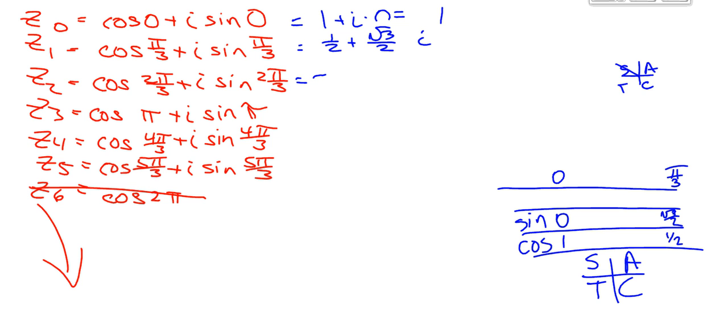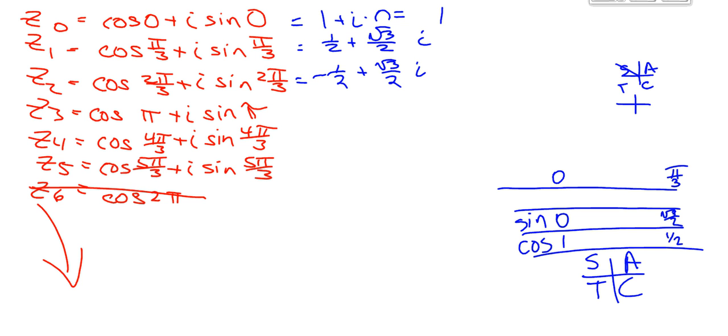What's the cosine of pi over 3? 1/2. And then the sine is going to be positive, plus the square root of 3 over 2I. Are you seeing how really once you know what the reference angle is, it's just using this pattern as we go around and do those revolutions.